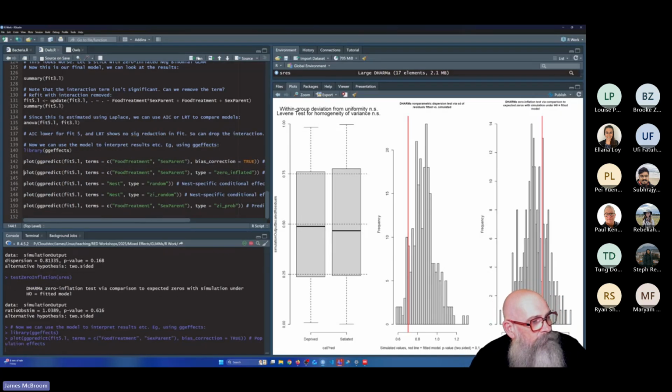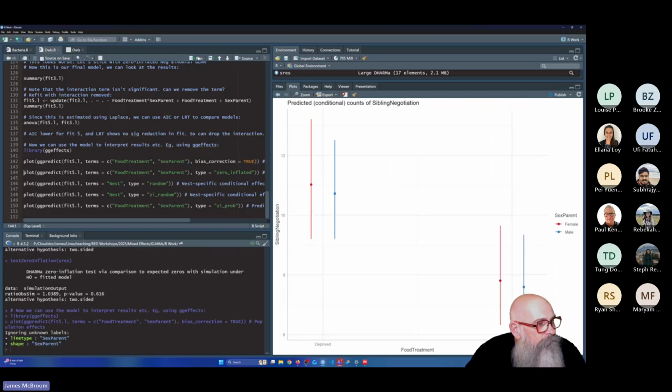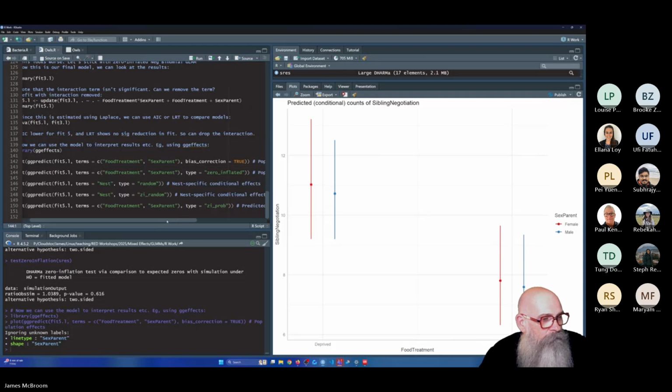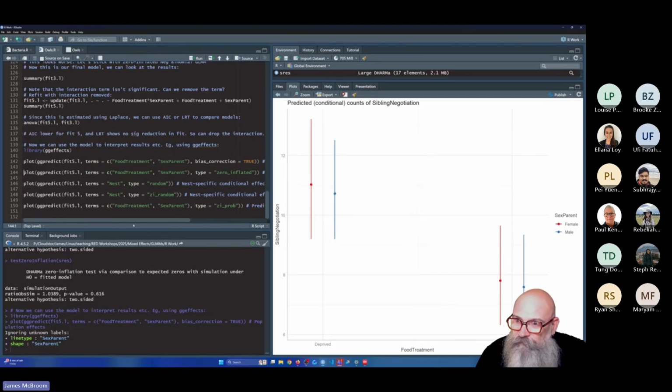Okay, so the first thing we're going to do is use the ggpredict function to visualize the fixed effects. All right, so this is the fixed effects taking into account the random effects, but not taking into account the zero inflation. So this is just over the mixture model that the zero-inflated model assumes.